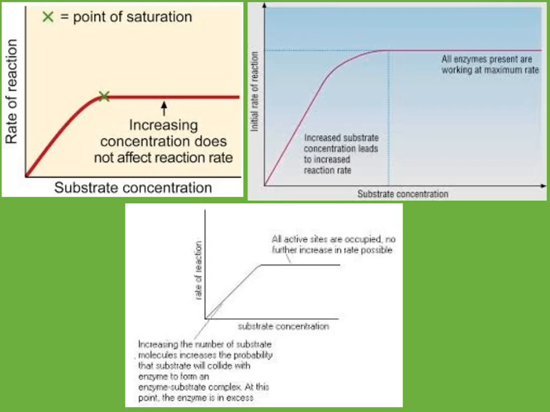And at this point, all enzymes present are working at maximum rate. And that is explained by the last graph which you have there, still explaining the same thing. All these graphs are just there now to make you understand exactly what we are talking about, substrate concentration.